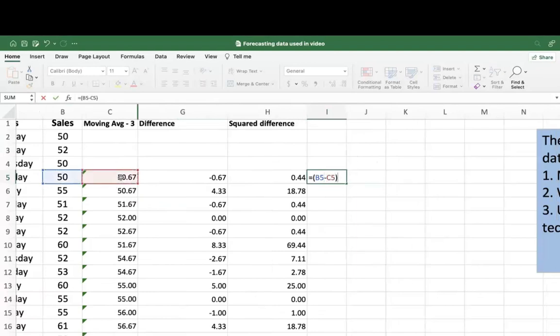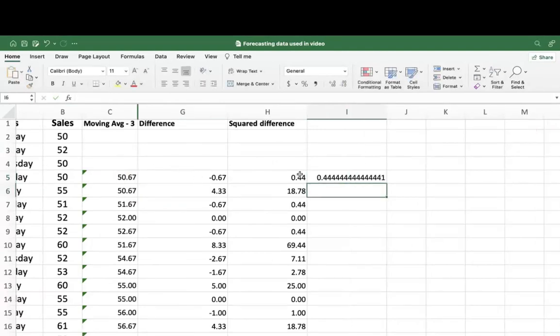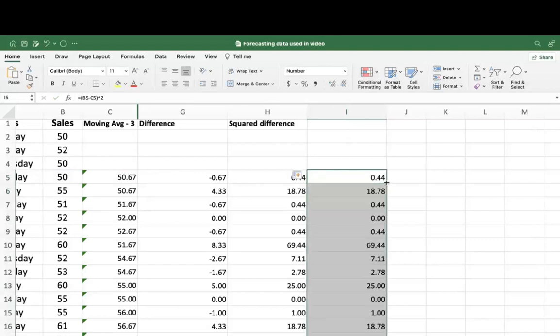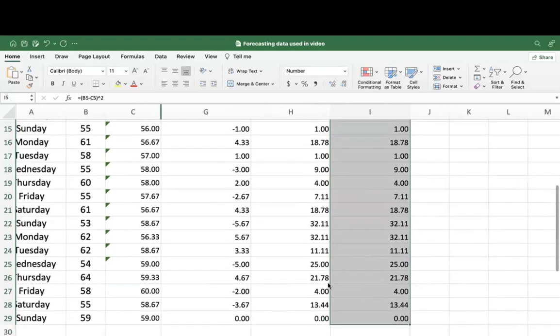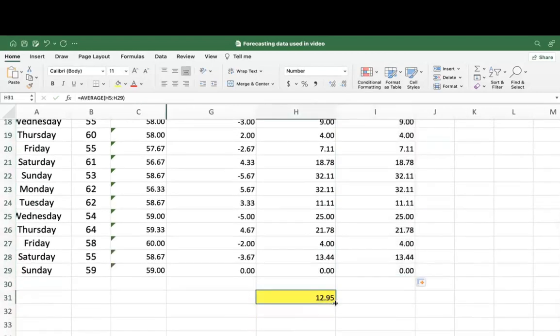And here press shift 6, which means power, and 2. So that's a square, and let me reduce decimals. You can see that this column and this column are identical. Then if I drag it, this is the mean, and again you can see these are the same.